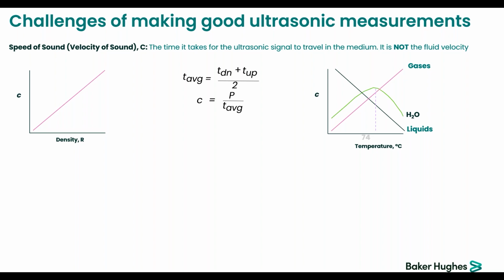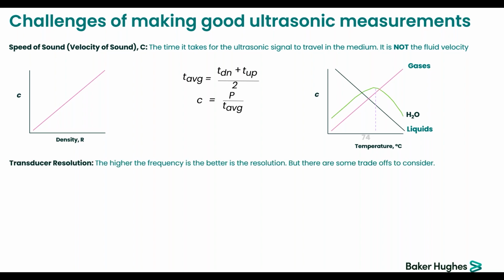But it is very, very easy to track the velocity of sound of any medium you use. The other thing that you need to think of is what kind of frequency of transducers you need to use for you to be able to measure in an optimal set of conditions.